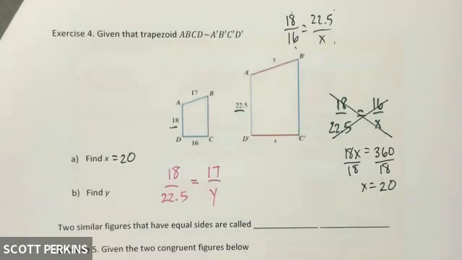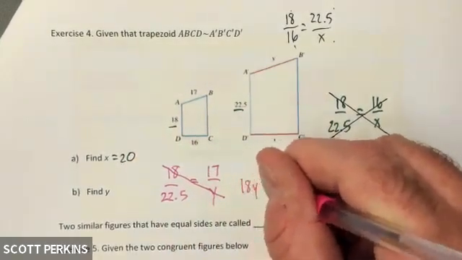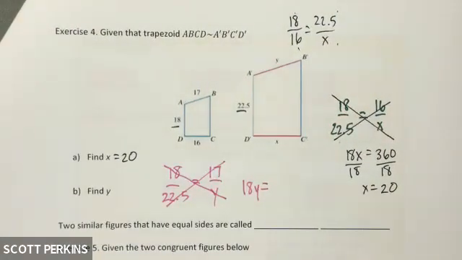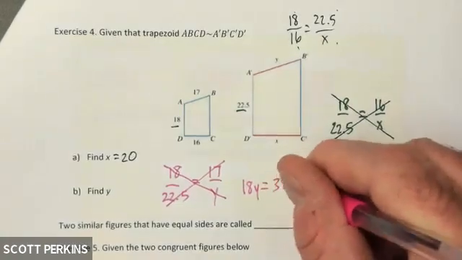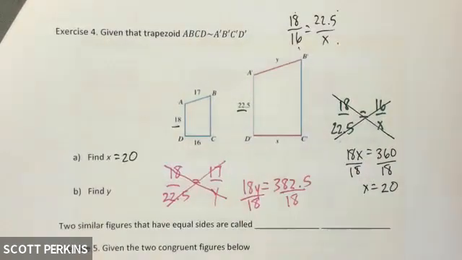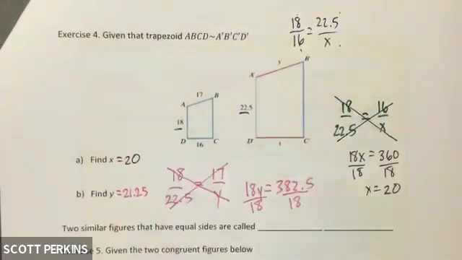That will work as well. So now I'll cross multiply. So I've got 18y is equal to 17 times 22.5. 382.5. Thanks for your help. Divide by 18. And what is that? All right, 21.25 is what the calculator tells me.